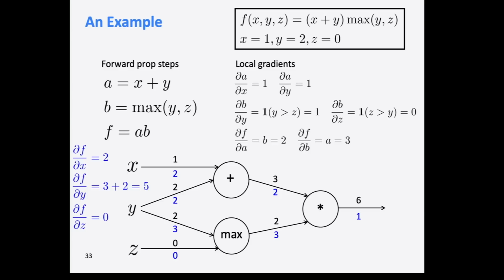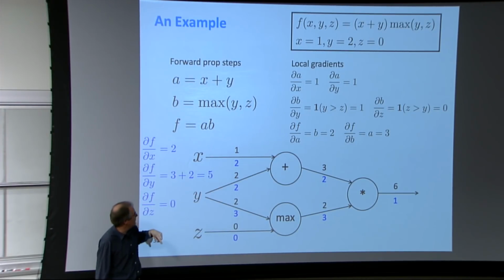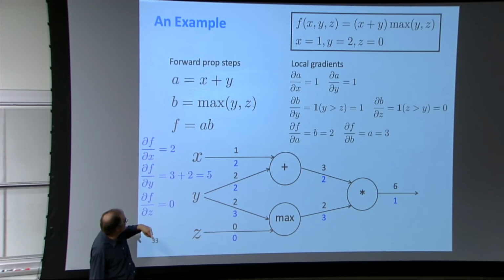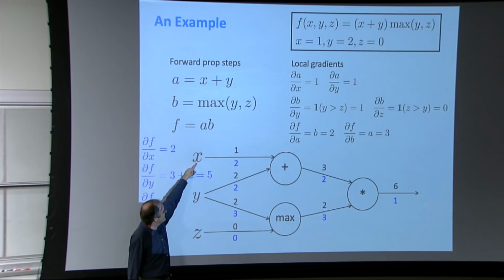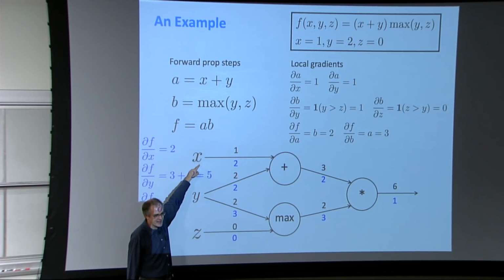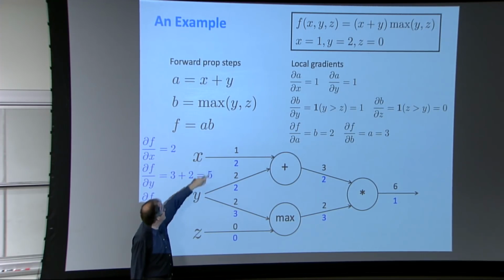So what we're calculating is, if you wiggle x a little bit, how big an effect does that have on the outcome of the whole thing? And so, we should be able to work this out. So our x started off as 1, but let's suppose we wiggle it up a bit and make it 1.1.